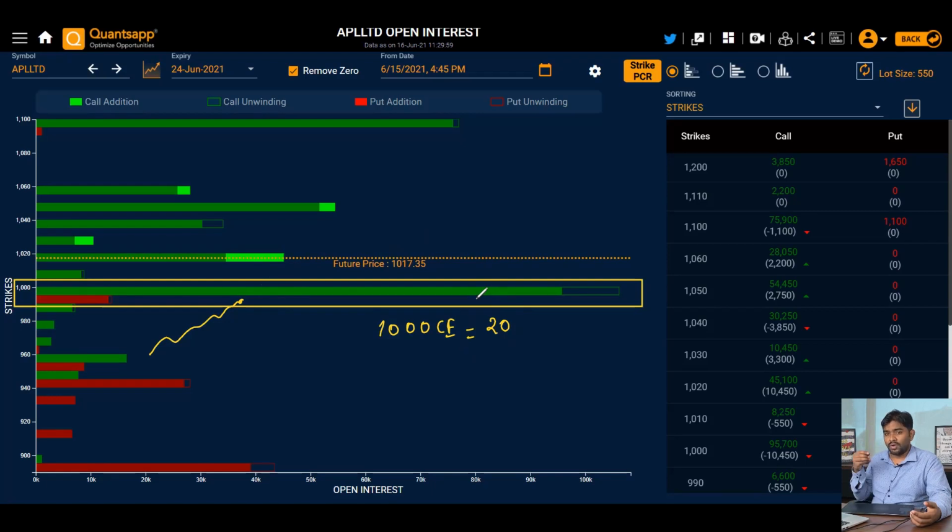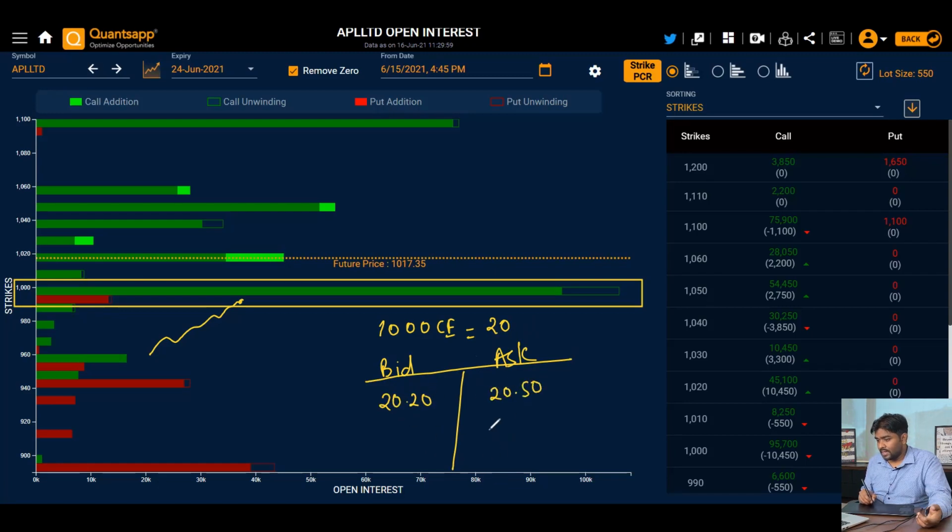They will be buying the option to square off the position. So we have two things here, one is bid and ask. Let's say the call option is 20. The bid is 20.20 and the ask is at 20.50.